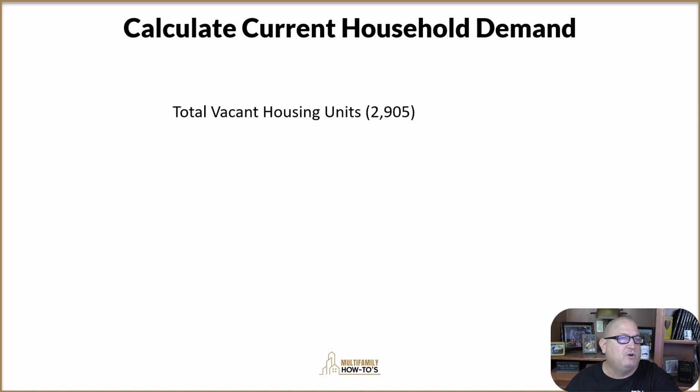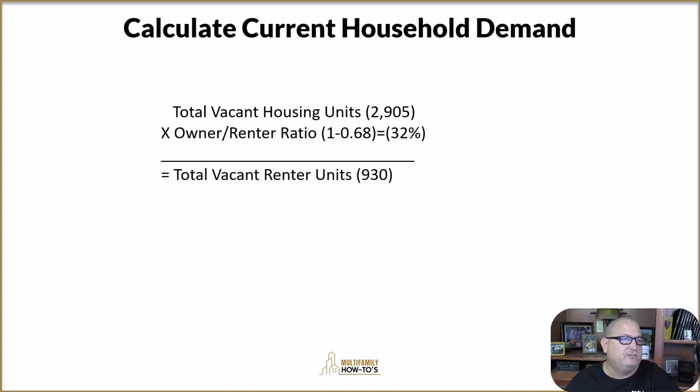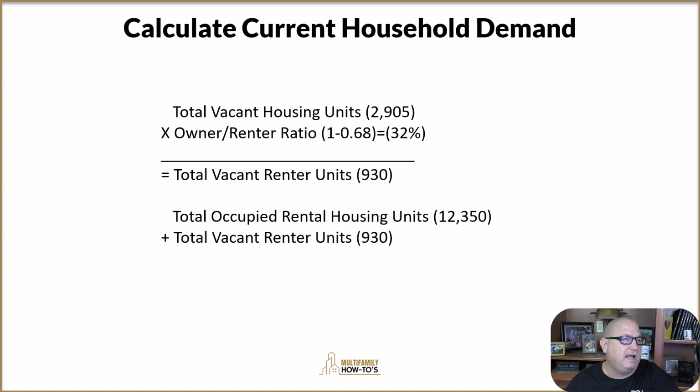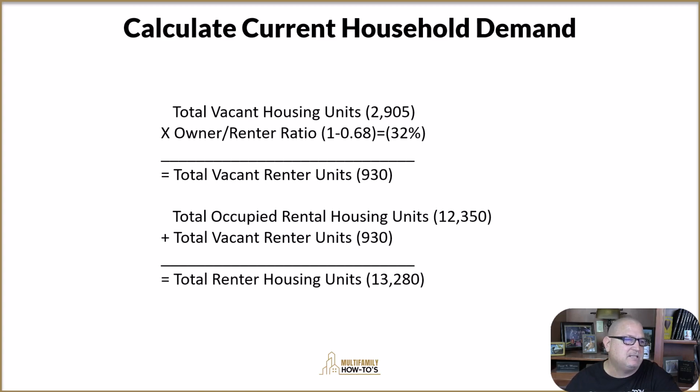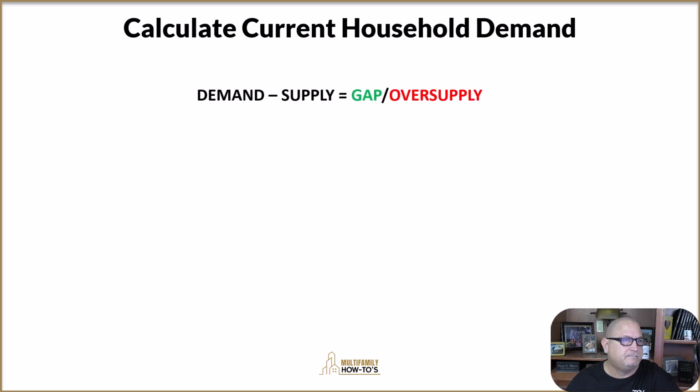Next, we take the total vacant housing units and we multiply that times our renter ratio, and that tells us that of the total vacant units, 930 are renter vacant units. We then take our total occupied rental housing units and we add the vacant renter units, and that says we have a total supply of 13,280 units in the market.